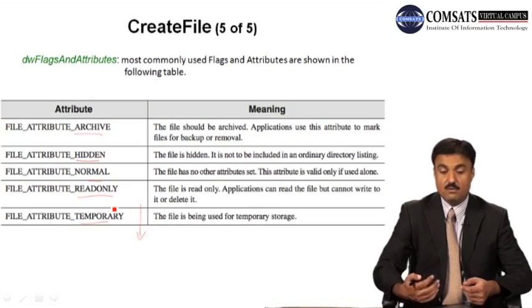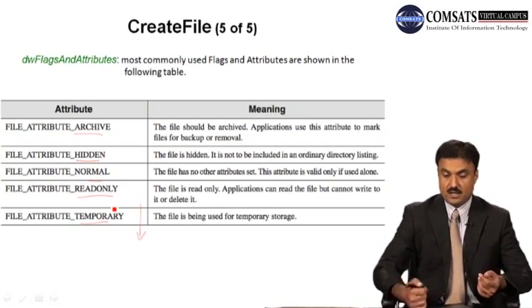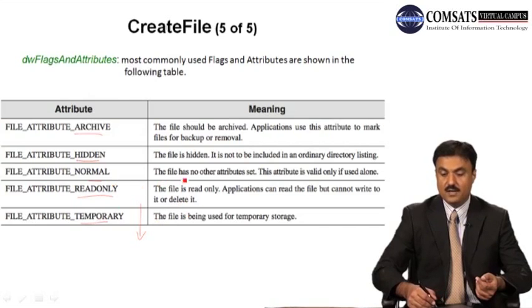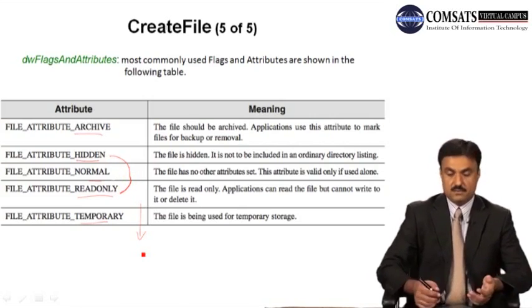It depends how you define the attributes of the file. The file can be read only, so the application can read the file but cannot write or delete it. If it is normal, the file has no other attribute set, so this attribute is valid only if you use it alone. Here, attributes like hidden and archive, you can combine.